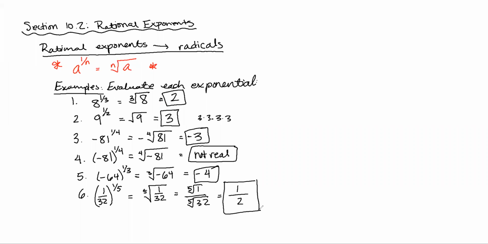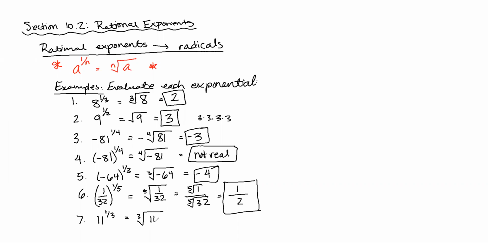Okay, 2 more. Let me see if I can fit this down here. Number 7. We're given 11 to the 1/3. Now for this one, first of all, what root are we taking? We're taking the cube root of 11.